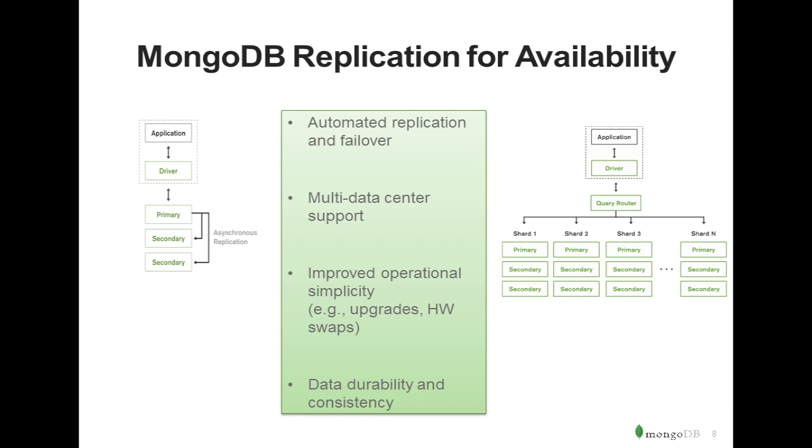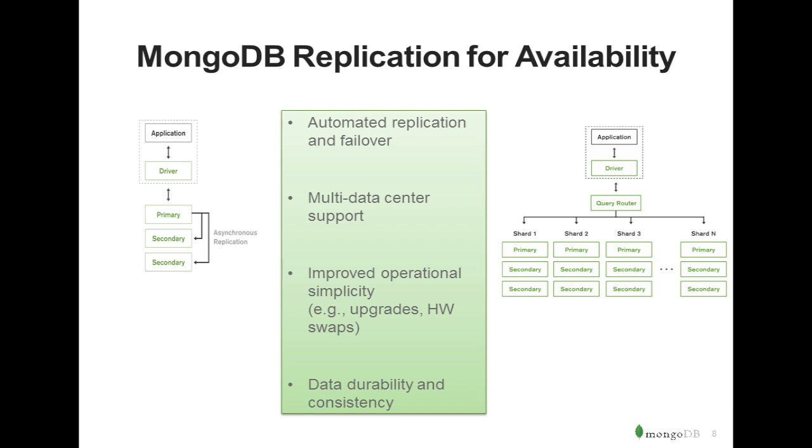Now, these choices, of course, are driven by availability requirements, right? Your RPO. There is a trade-off in write latency. So if you insist that a write be acknowledged by one other member, especially if that other member is in a different data center, that's how the replication can help meet your RPO objective.